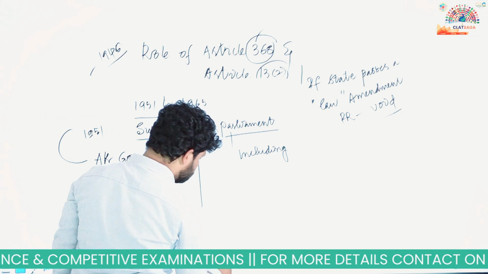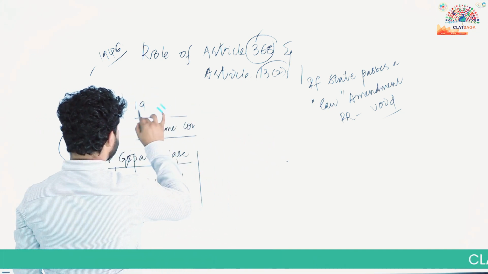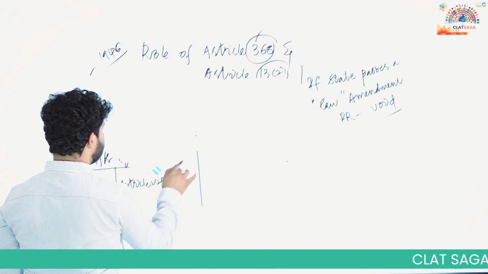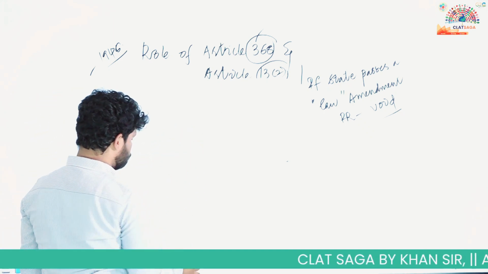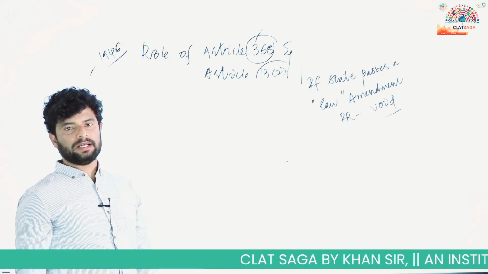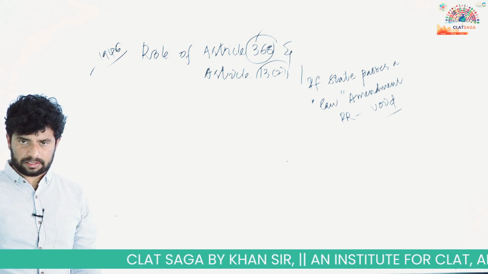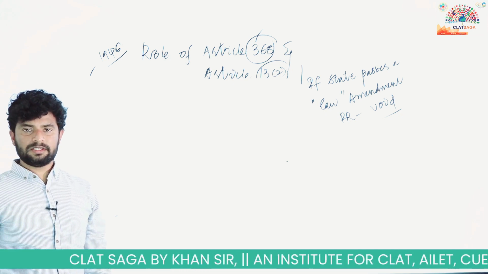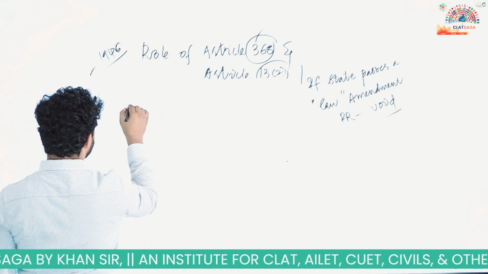But there was a very new judgment held by the Supreme Court of India after 1968. The Supreme Court maintained its interpretation about Parliament and Article 368 amendment consistently till 1965, but soon after 1965, a lot of changes took place.